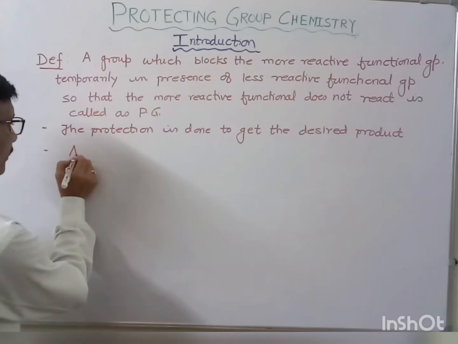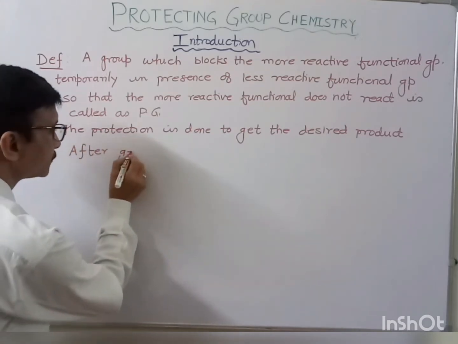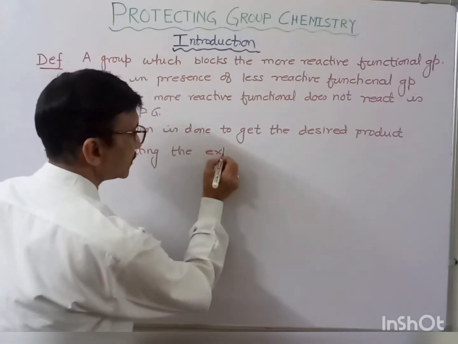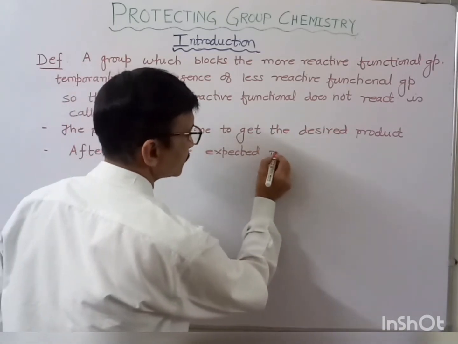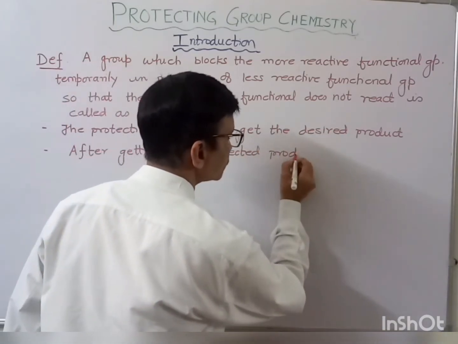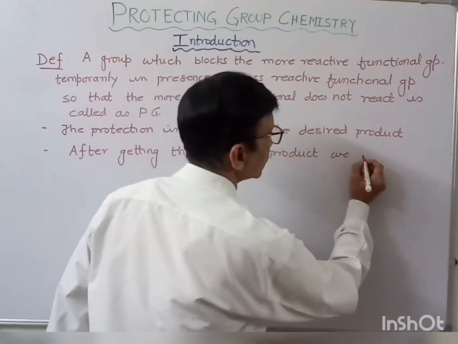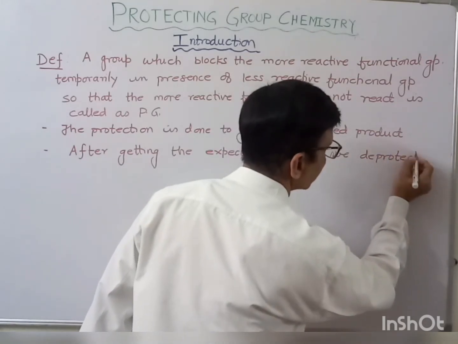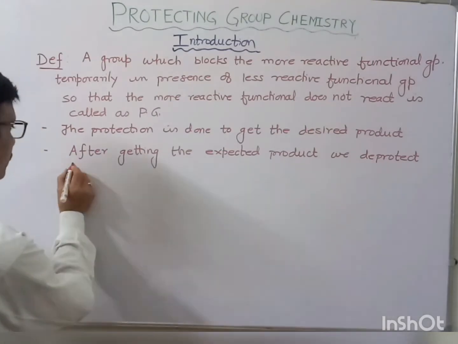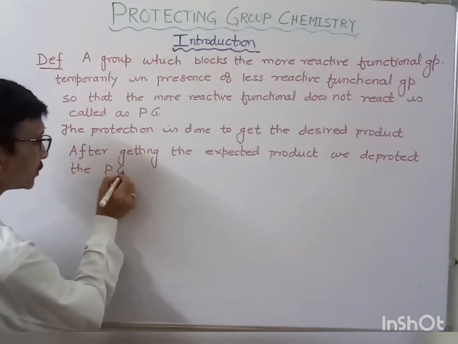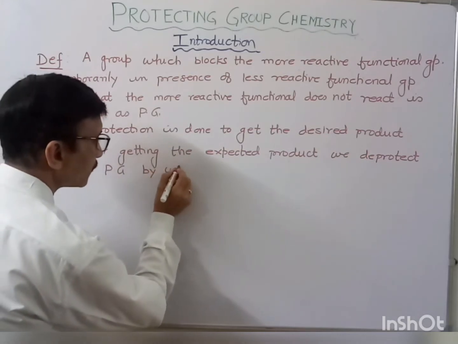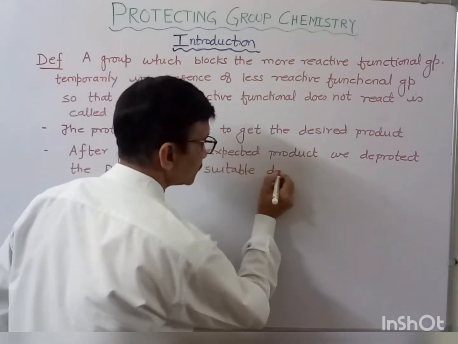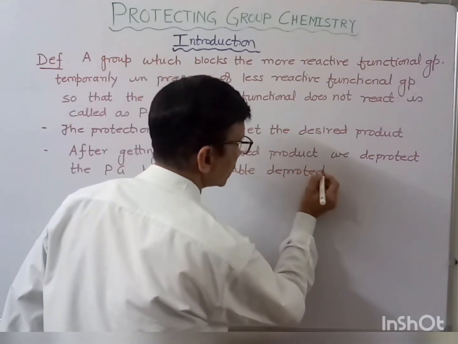So we can write, after getting the expected product, we deprotect, or we can say we remove the protecting group by using suitable deprotecting agent.